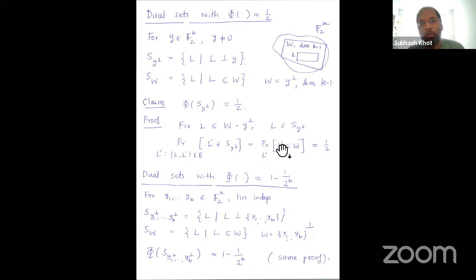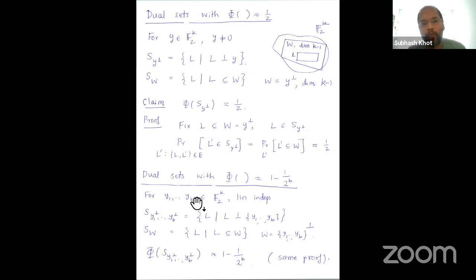That's 1/2, because if you think of W as y orthogonal, then if L is already orthogonal to y, and L prime has 1 extra degree of freedom outside, then L prime would also remain orthogonal to y with probability 1/2 when you take L prime as a random neighbor of L. So this is a set of expansion 1/2.